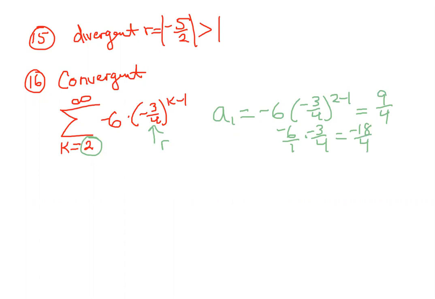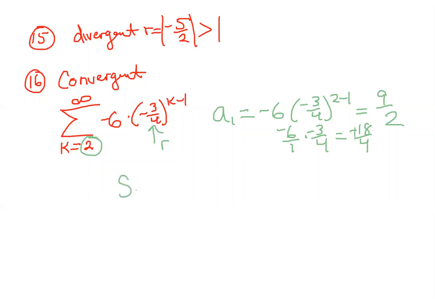Is that right? What did I do wrong? I think it's 9/2. Let me see. 0.75 times 6. Yeah, this should be 9/2, not 9/4. And that should be positive because they're both negative.